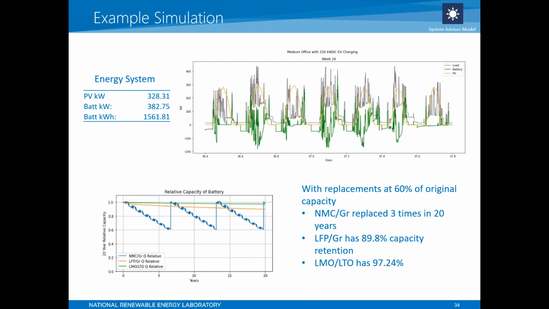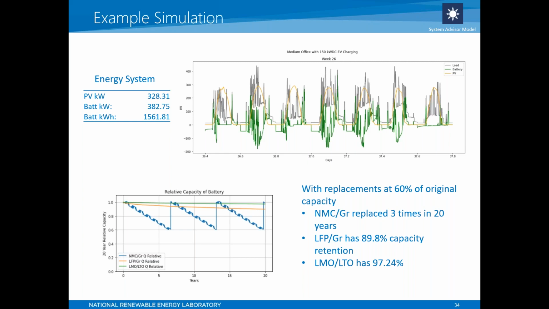So throughout the 20 years of simulation, the effects of the relative capacity of the battery and the number of replacements required can have multiple effects, such as the O&M cost, the ability of the battery to continually reduce the demand at the same level as it degrades.